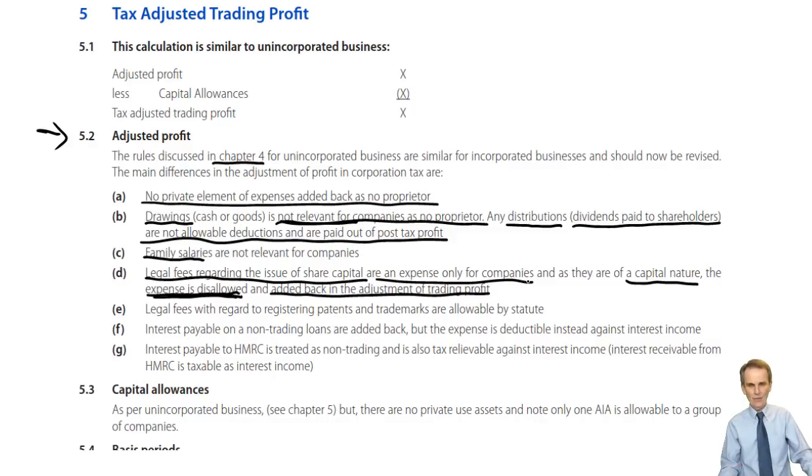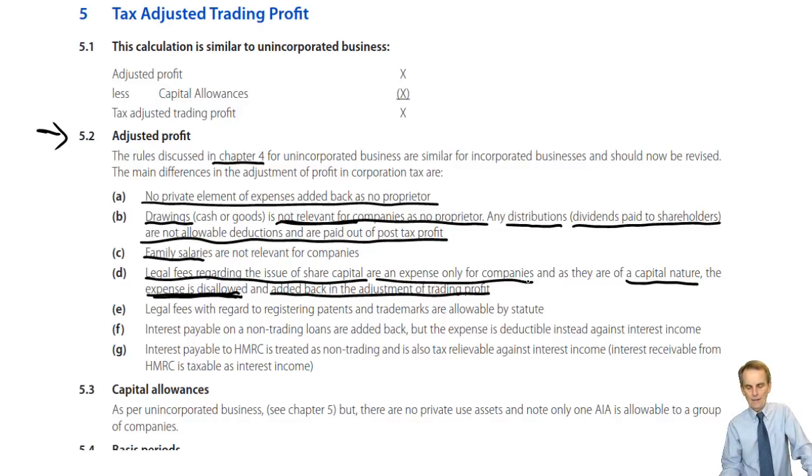If you have incurred expenses in raising loan finance for a trading loan purpose, think what a trading loan might be. Why would you have borrowed money in the context of the trade? Well, you borrowed to buy a property used within the trade, your factory, your warehouse, your office premises, your business premises.